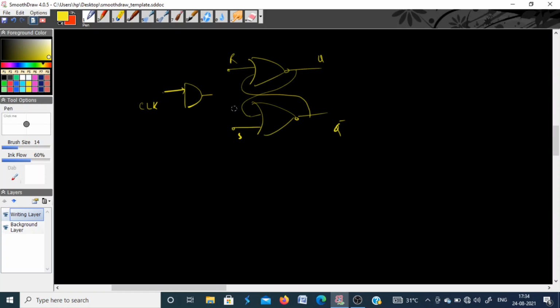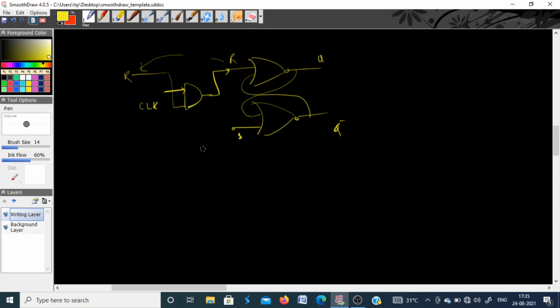In fact, your S and R are given through this AND gate, which is called a pulse steering circuit. So you connect this R as another input to this AND gate, and now this will be given as input to the latch. So this is R, not here, now it is here.